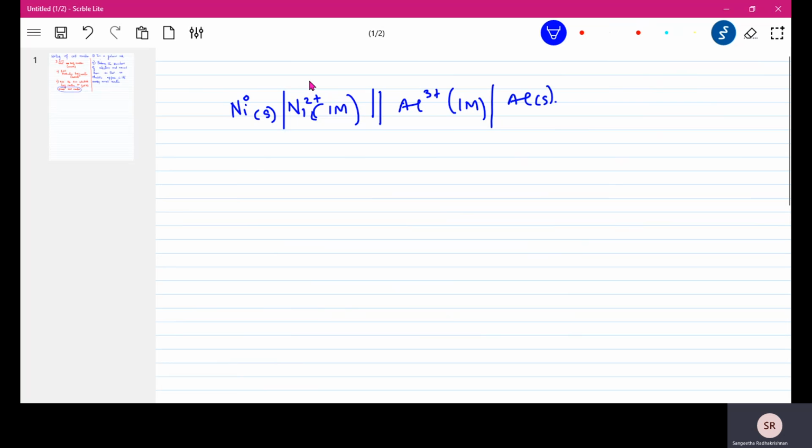When the oxidation number increases we call it oxidation. Here you see what has happened, it is having 3 plus and then it becomes 0, that means it has reduced. So you already know this is oxidation, this is reduction.